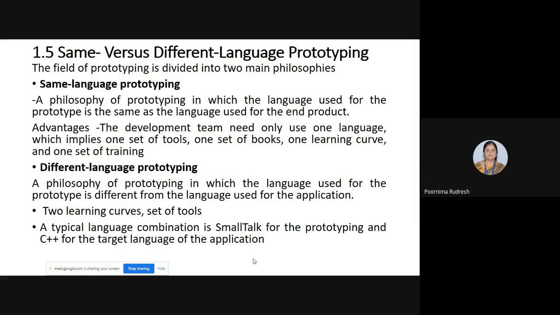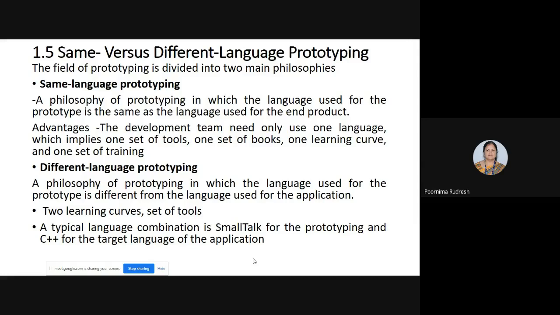So this is called the different language prototyping. As we know, the major problem with this is we have to use a different set of tools, different set of books, and different training to be given for the implementation team as well as for the design team. So this is about the same language prototyping and different language prototyping.